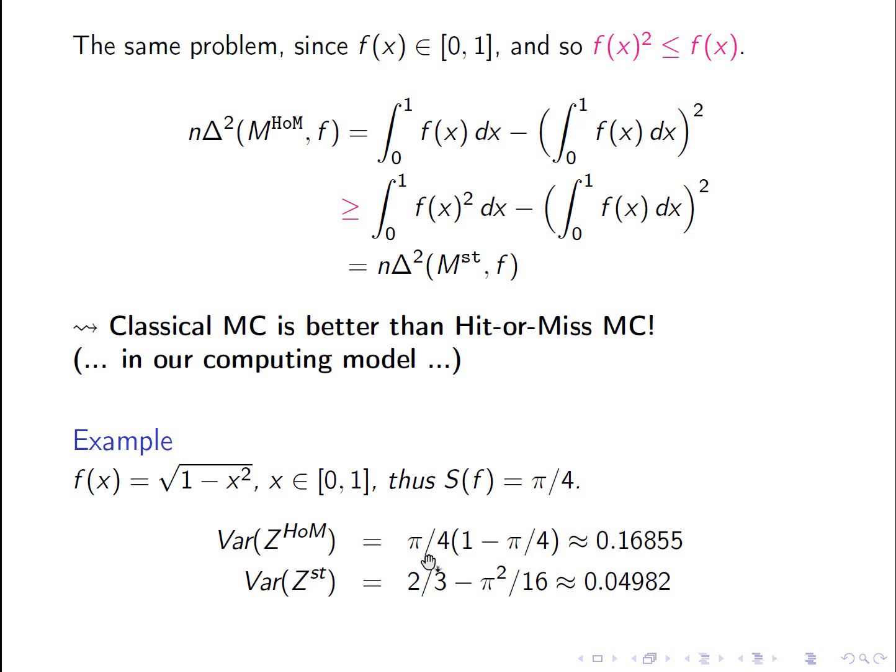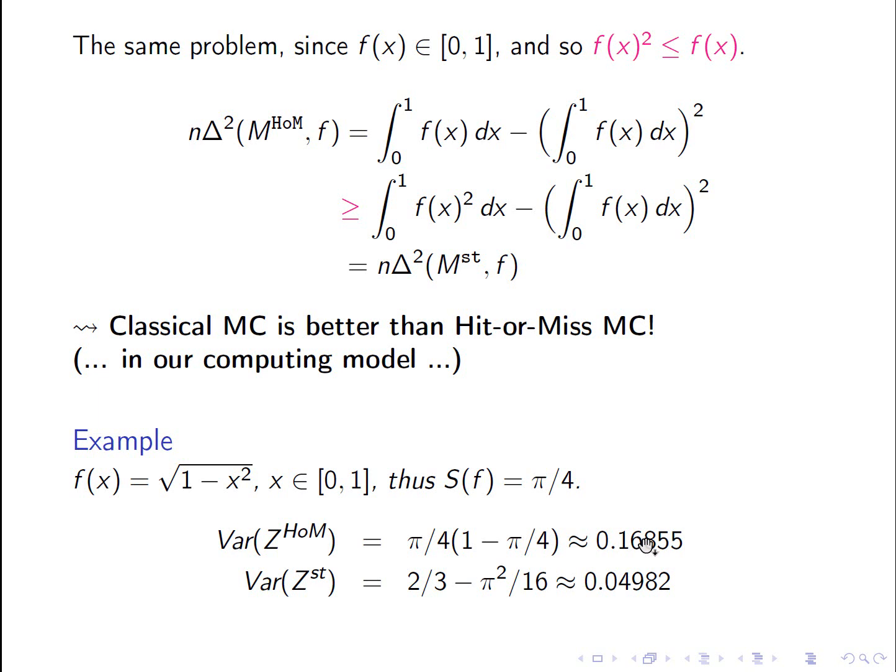For hit or miss Monte Carlo, you get pi over 4 times 1 minus pi over 4, which is approximately 0.16855. And for the standard approach, you get just 2 over 3 minus pi squared divided by 16, and this is approximately 0.04982. So here we have a factor of 3. So classical Monte Carlo is in general really better than hit or miss Monte Carlo.